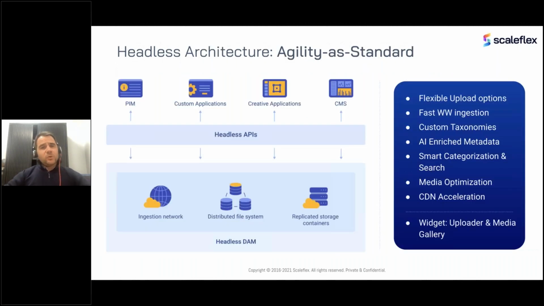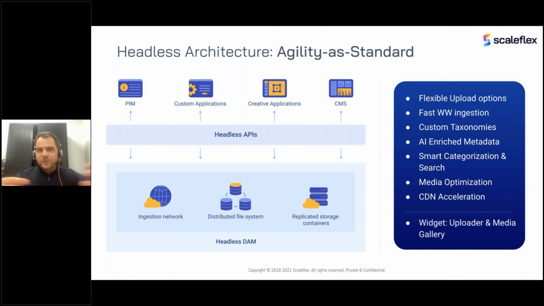So how does it look in terms of architecture? If you go a little bit deeper here, we have our headless DAM, which is basically a combination of an ingestion network to ingest files at a large scale. I mentioned real estate or e-commerce with thousands, millions of media assets, maybe even every month.